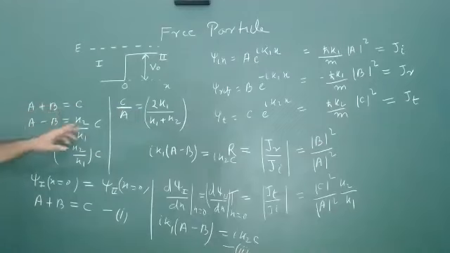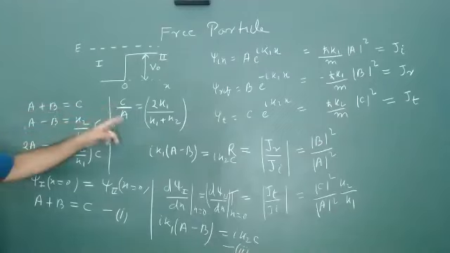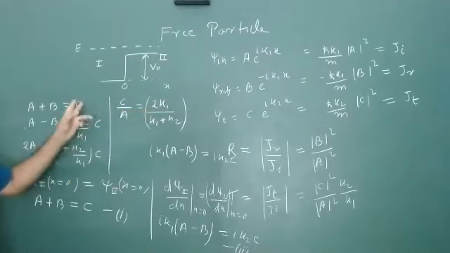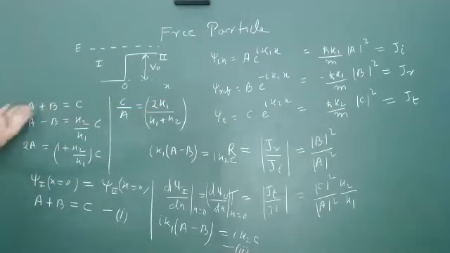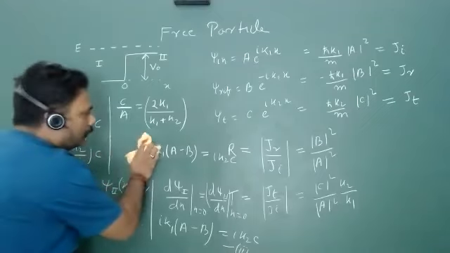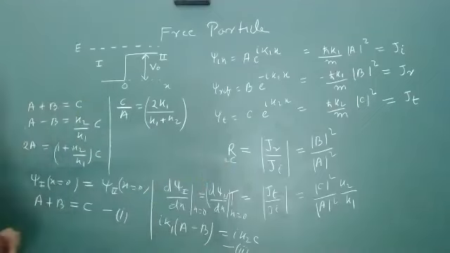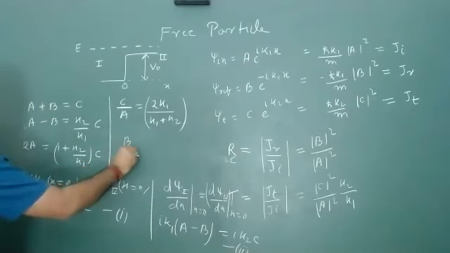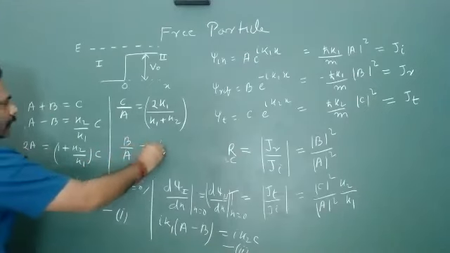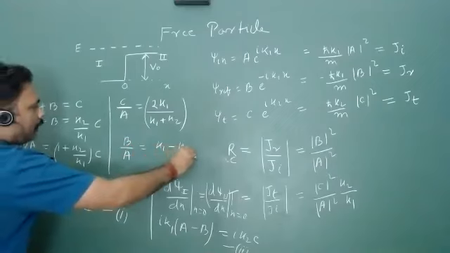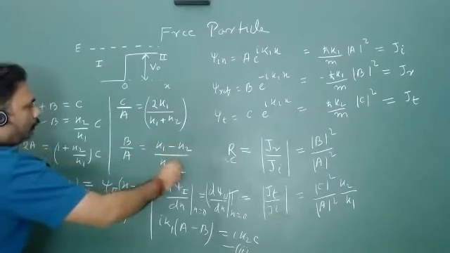You can easily put c equal to 2k1 upon k1 plus k2 in this equation, and you can solve it easily. So we get the value b by a as k1 minus k2 upon k1 plus k2.